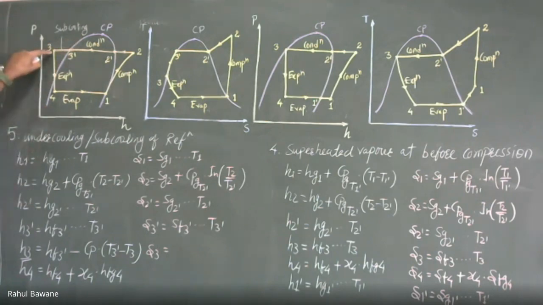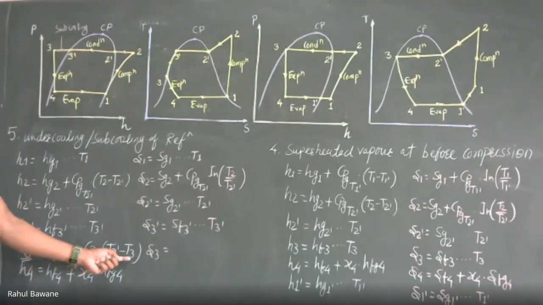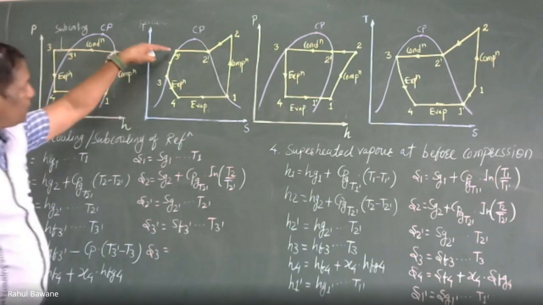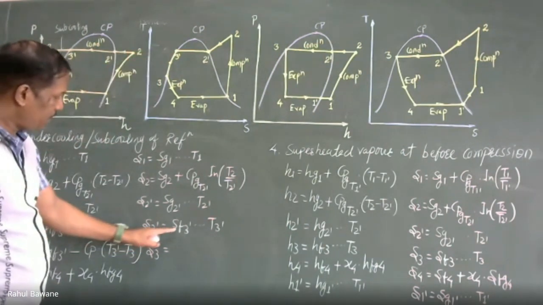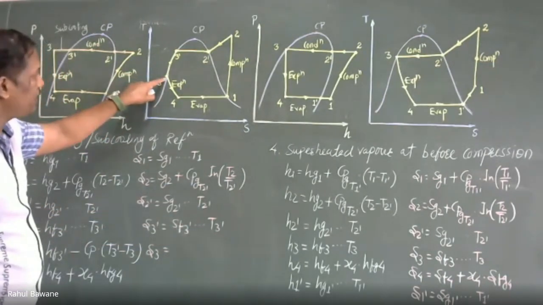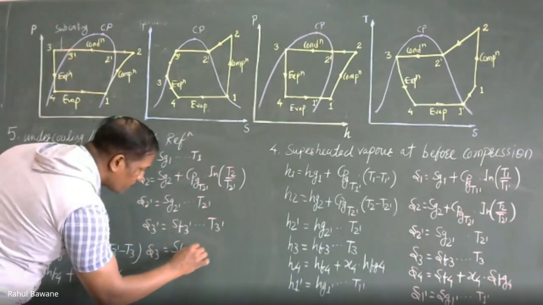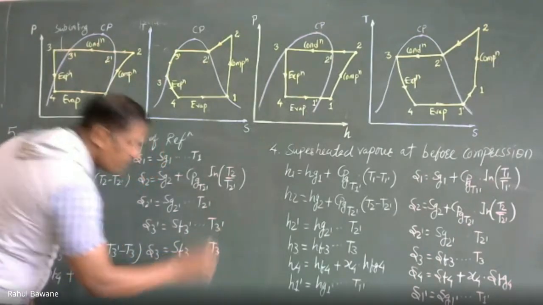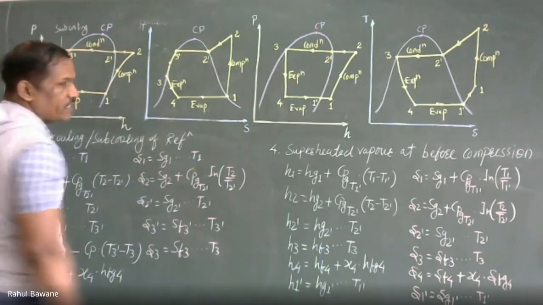So when we are calculating enthalpy at point 3, we have to subtract Cp multiplied by T3' minus T3. But when we are calculating entropy at 3', it will be Sf3' at temperature T3', and entropy at 3 is Sf3 at temperature T3, because both points lie on the saturated liquid line.